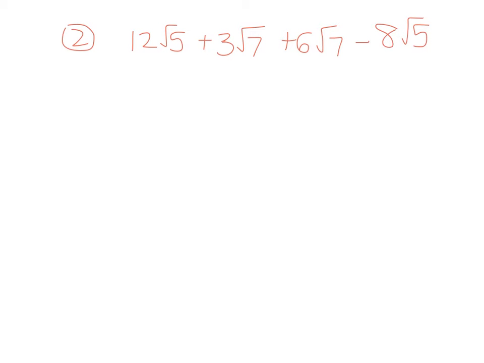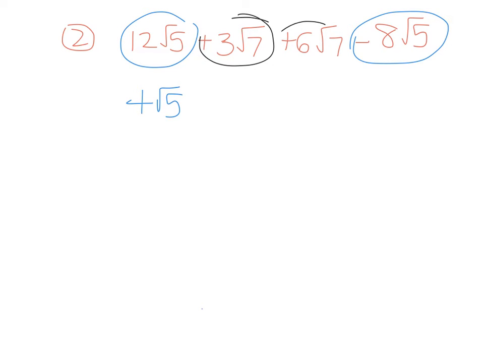So just like we are combining like terms, I'm going to combine 12 radical 5 minus 8 radical 5, and I would get 4 radical 5. And then I'm going to combine 3 radical 7 plus 6 radical 7 and get 9 radical 7.